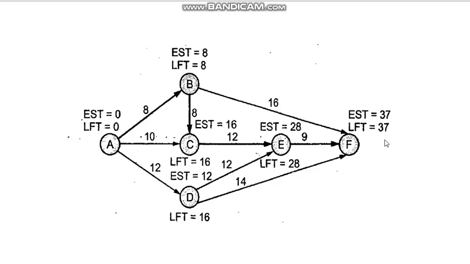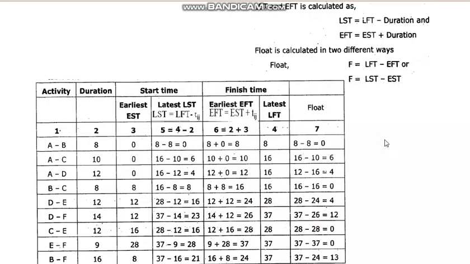Okay, now let us go further. Now let us see here. Now the same network. The activities are AB, AC, AD, BC, DE, DF, CE, EF, and BF, and the durations are given here. These are only column numbers.